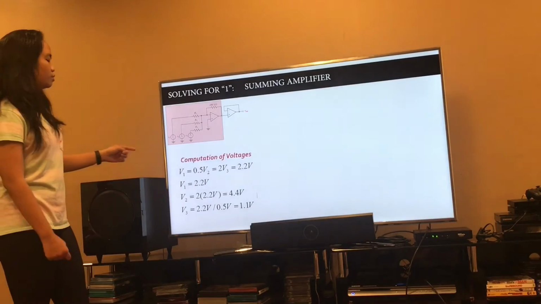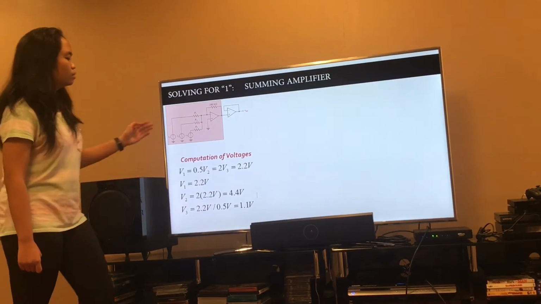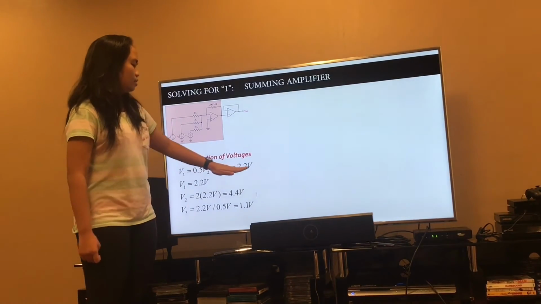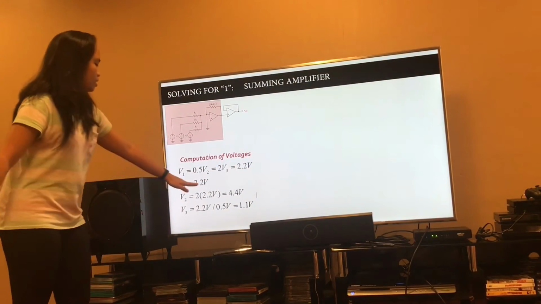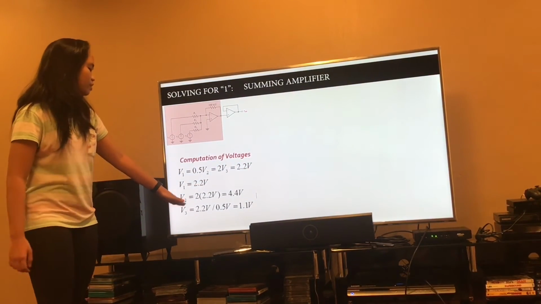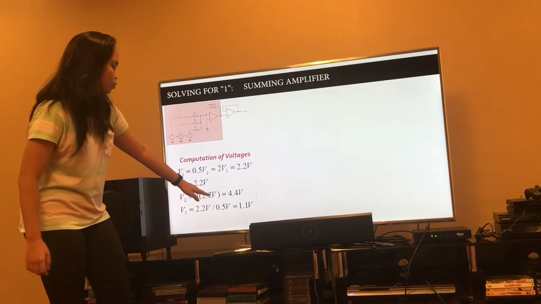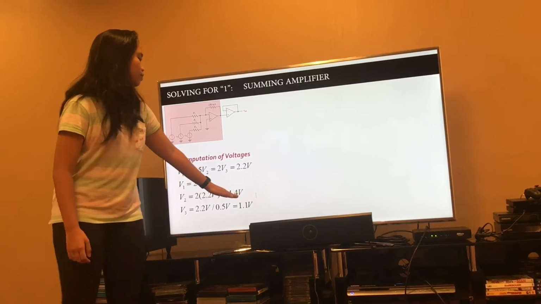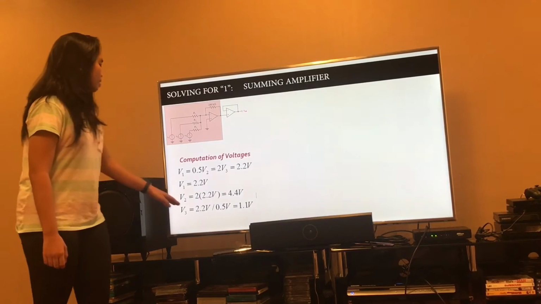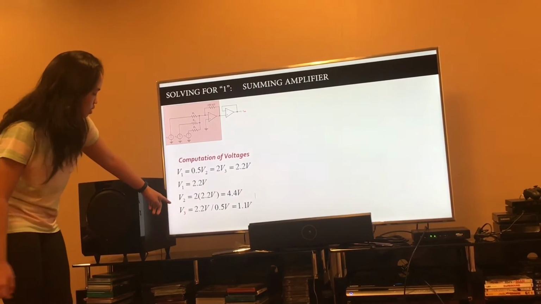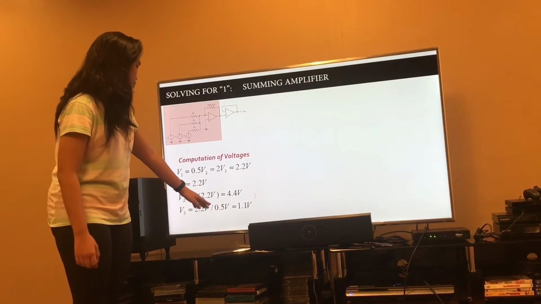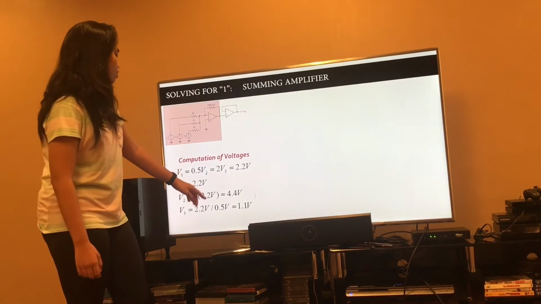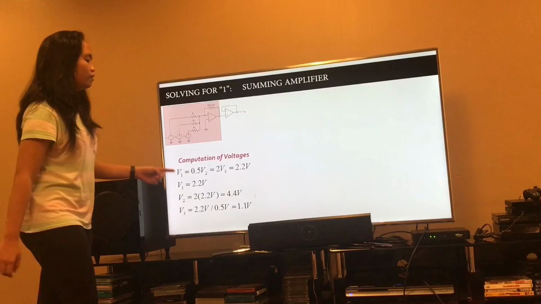V1 is equal to 2.2 volts here. To get V2, it is 2 times 2.2 volts, which equals 4.4 volts. And V3 is 2.2 volts over 0.5, which equals 1.1 volts.